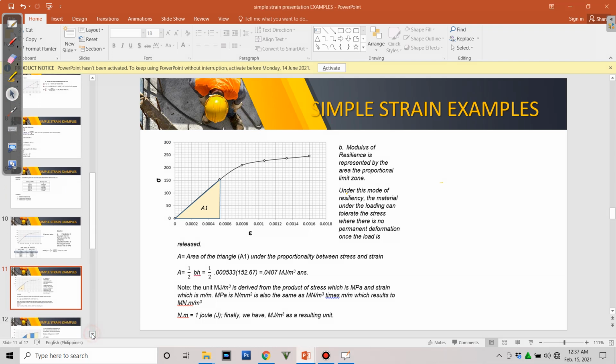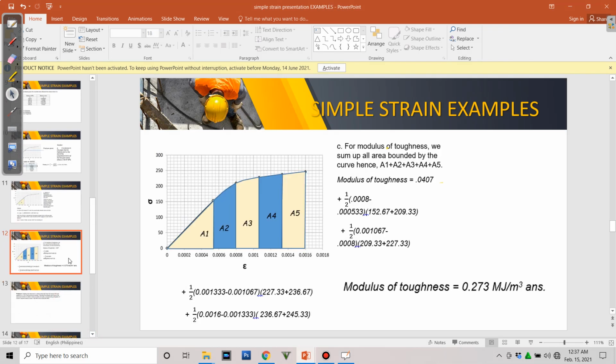So the next unknown is the modulus of toughness, and the modulus of toughness is actually the area bounded by the whole curve from the point of origin up to your modulus of toughness. In here, it's already shaded in the graph. We have 5 areas.